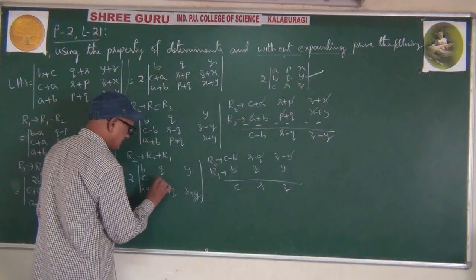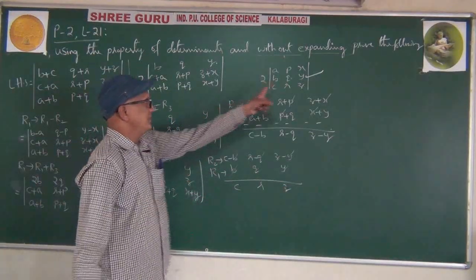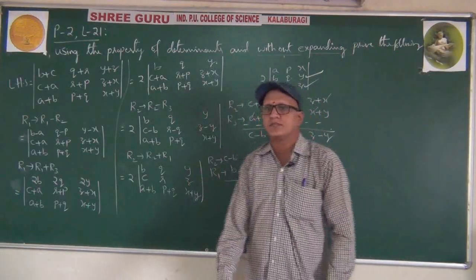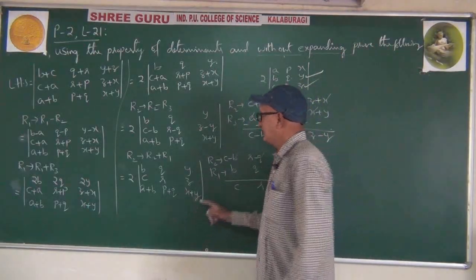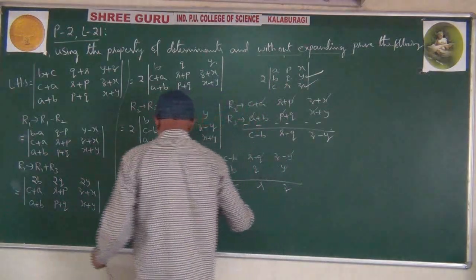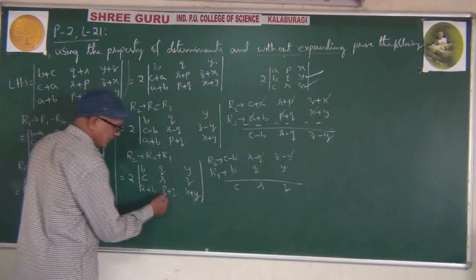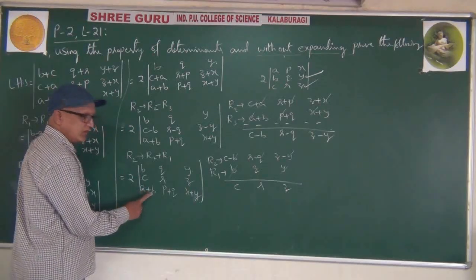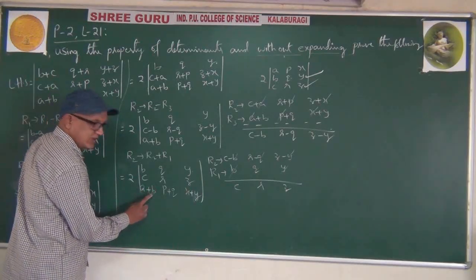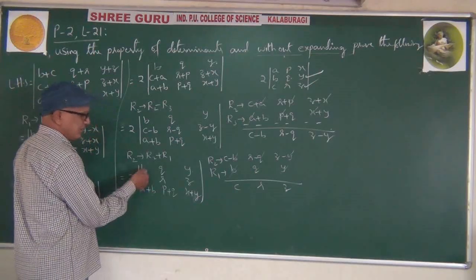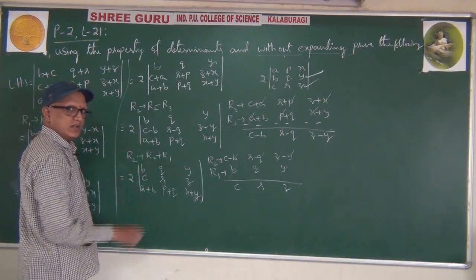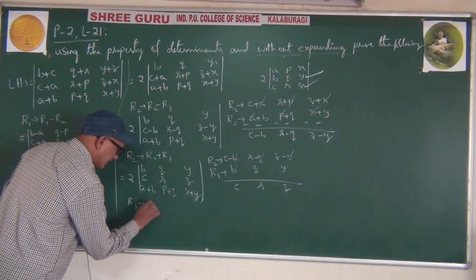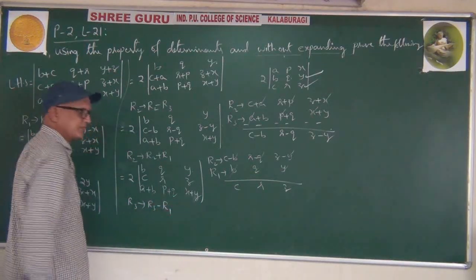Observe carefully. C, R, Z we got. Right? Then what more do we want? A, P, X we want. We want A, we want B, we want X. We want A, which means we don't want B. We don't want B means A plus B minus B. So R3 we are changing: R3 minus R1.